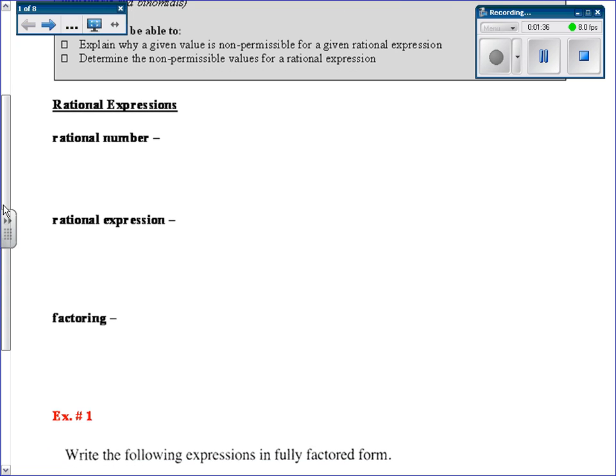In terms of talking about rational expressions, we'll review a little bit what a rational number is. A rational number is basically a fraction. That's another word for rational number. It is a ratio or quotient. Quotient means divide or division. So a ratio or quotient of two integers.